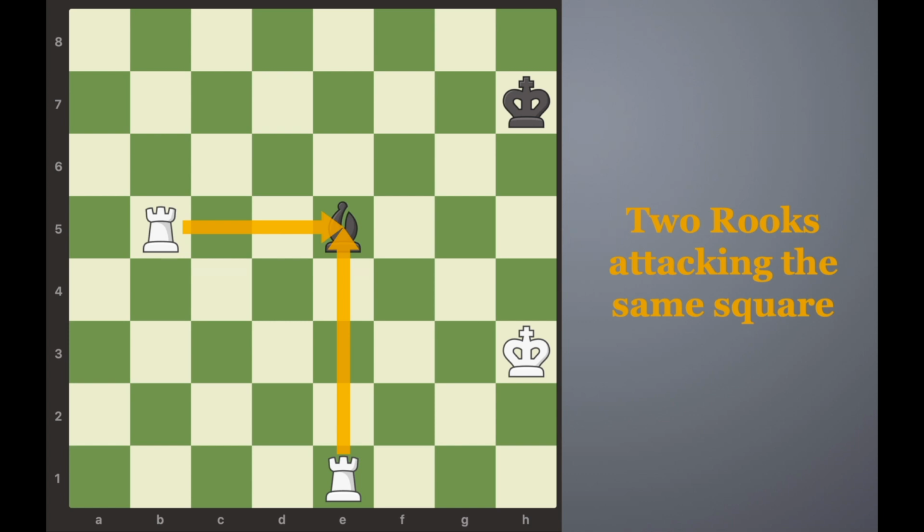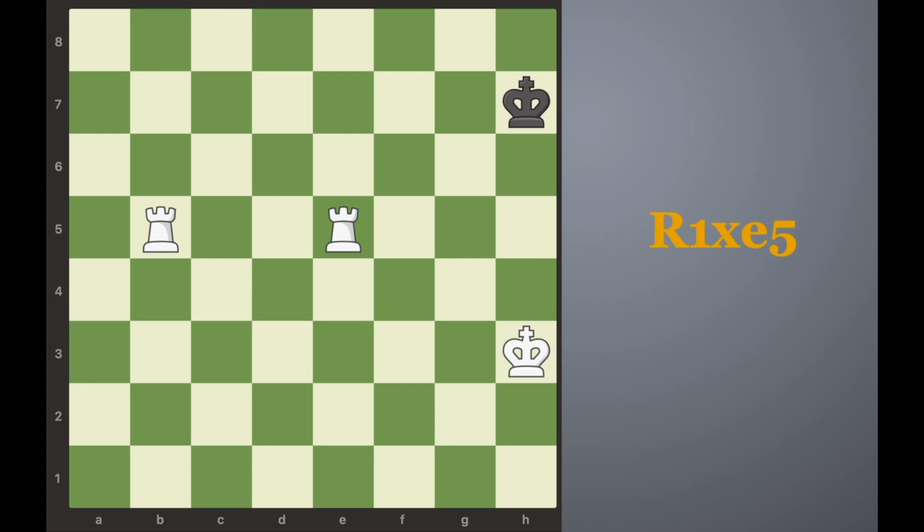Let's say the rook on first rank is going to capture the bishop, then we can say R1xe5. If the other rook captures the bishop, then we can say R5xe5.